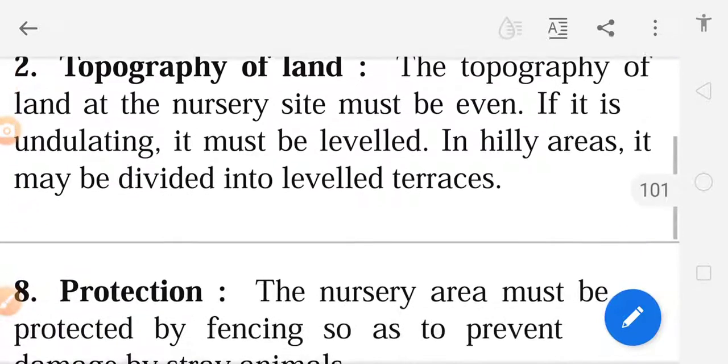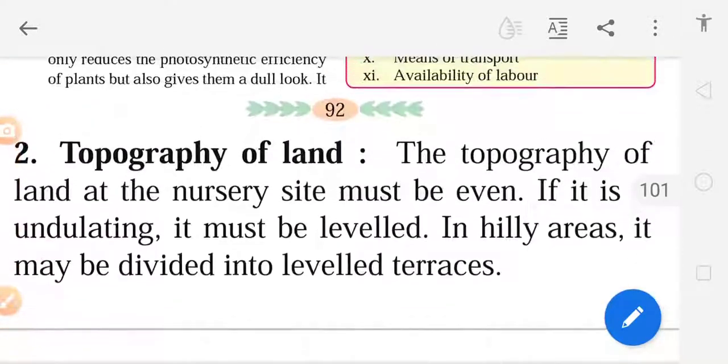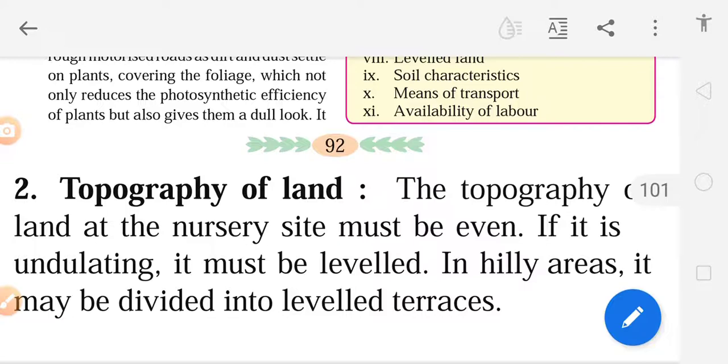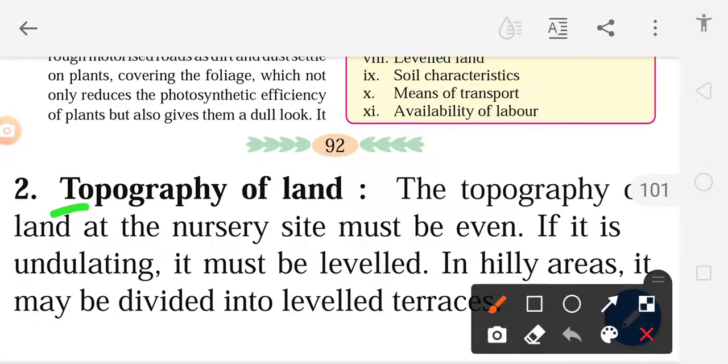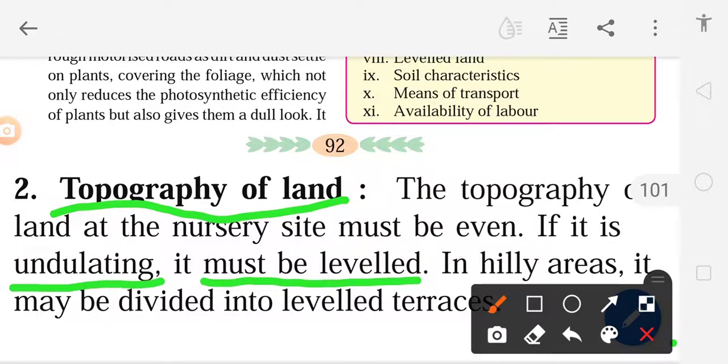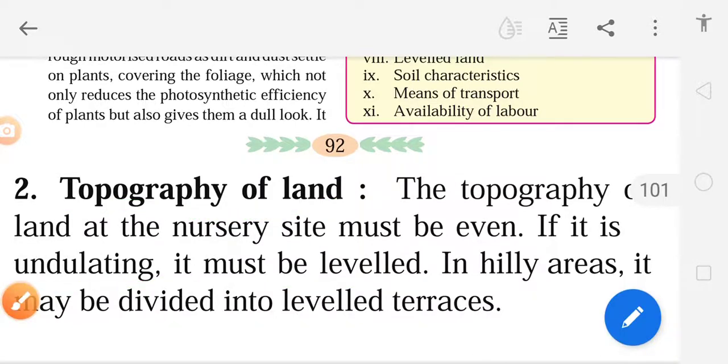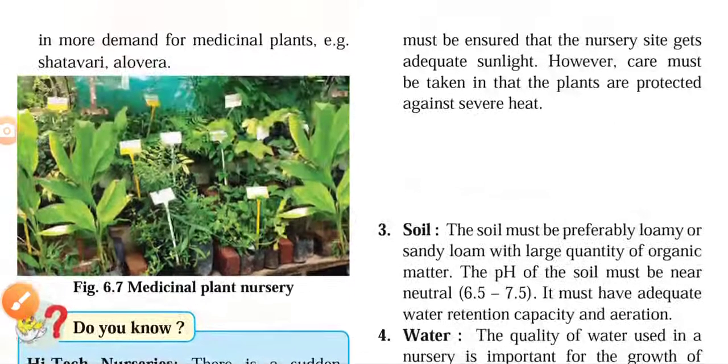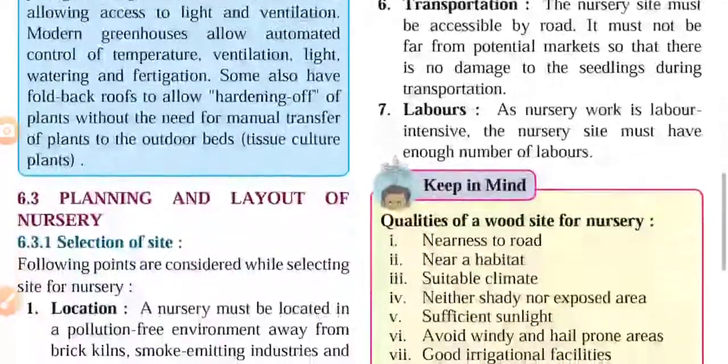The second, that is topography of the land. In the selection of land, topography means the natural arrangement of the land. So this land should be leveled, the most important point, it should be level. If it is undulating, with ups and downs, then that will cause problems in different cultivations.